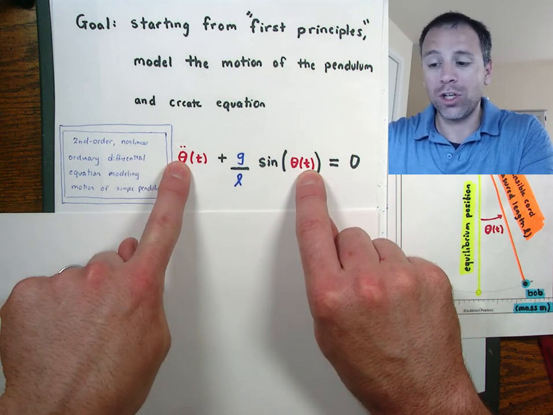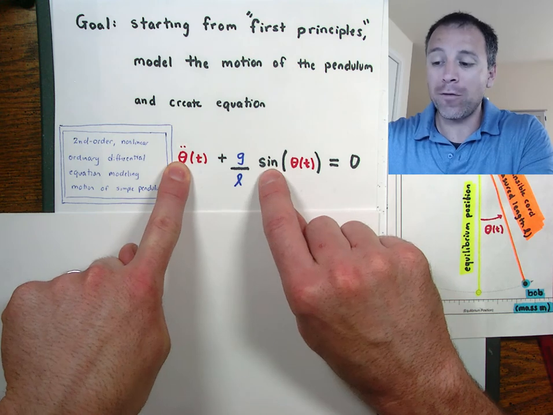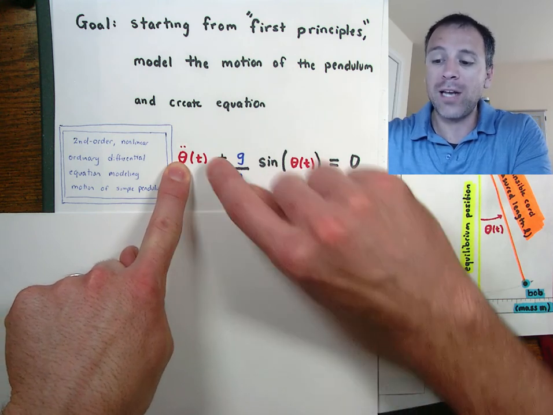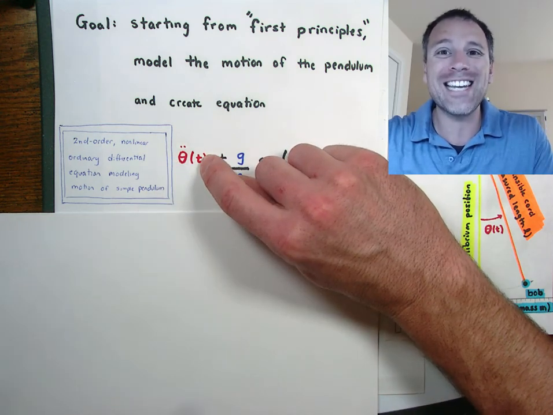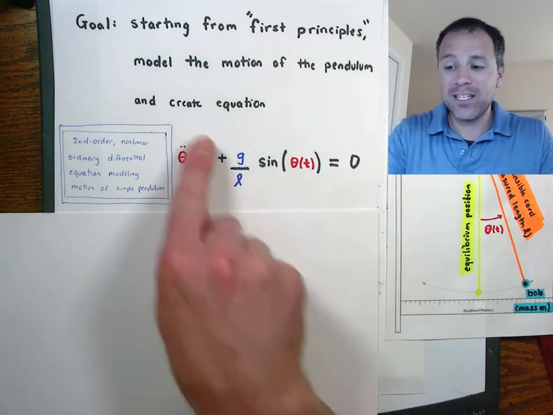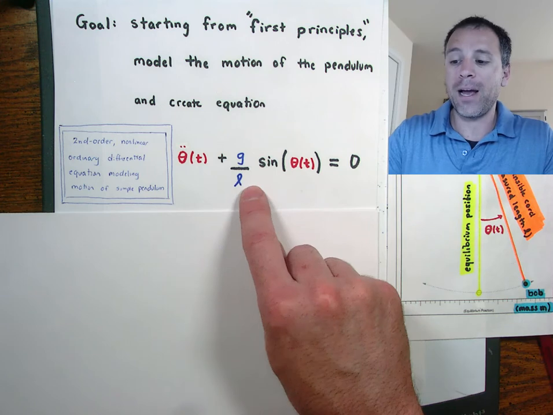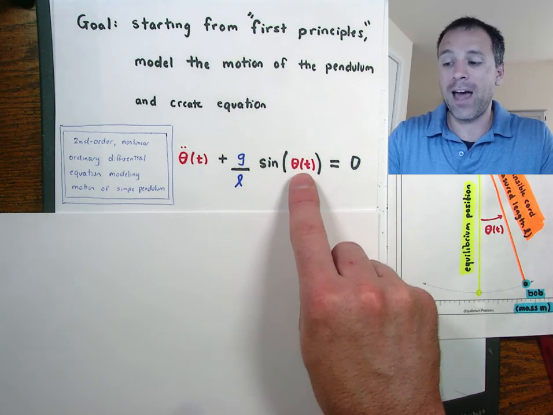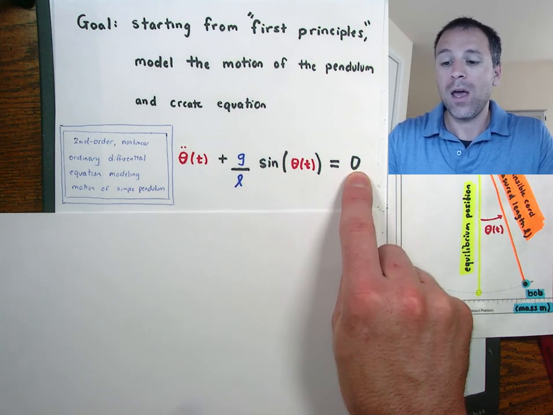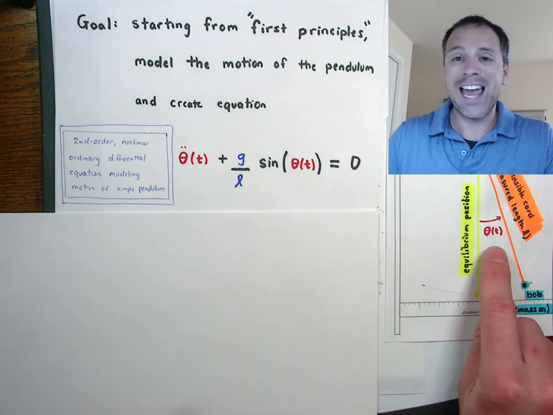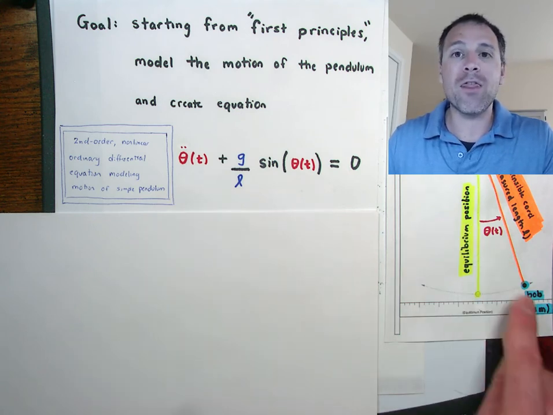It has a second order term. It has a nonlinear function of the desired function, and the function that we're looking for is a single variable function. This differential equation, the second derivative of our angle theta plus g divided by L times the sine of that theta equal to 0, describes the angle in the single pendulum and thus the motion.